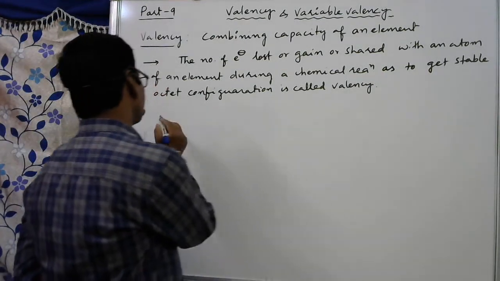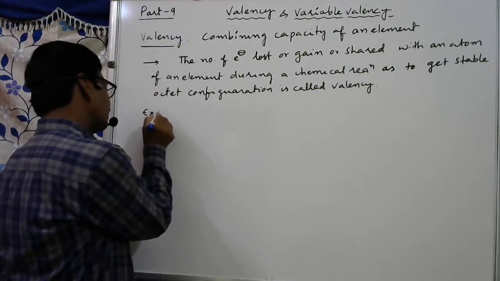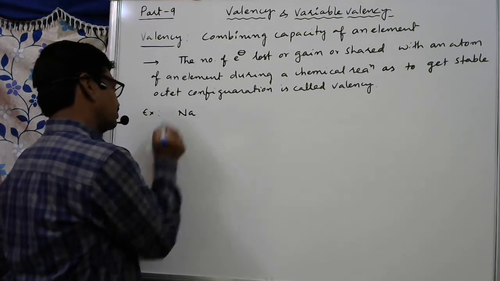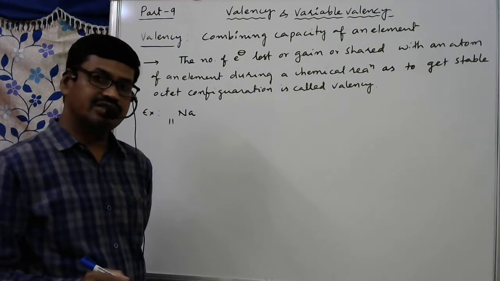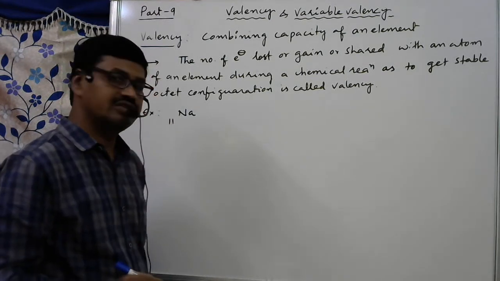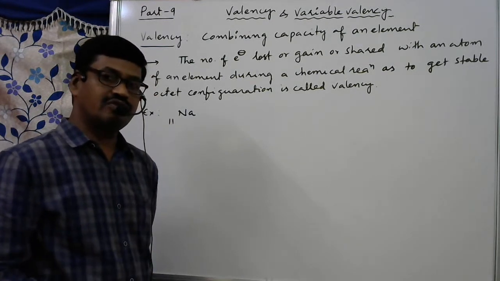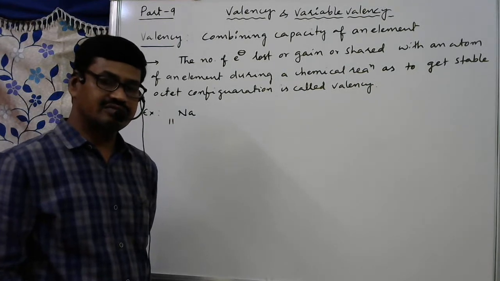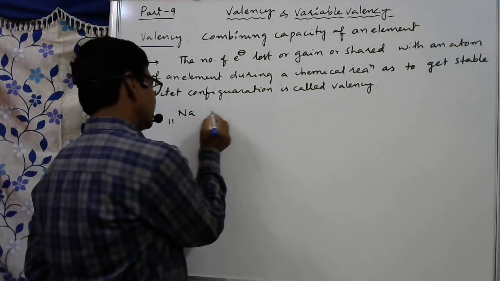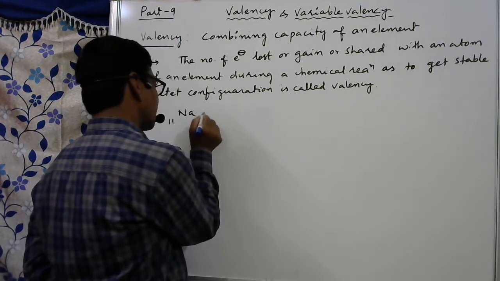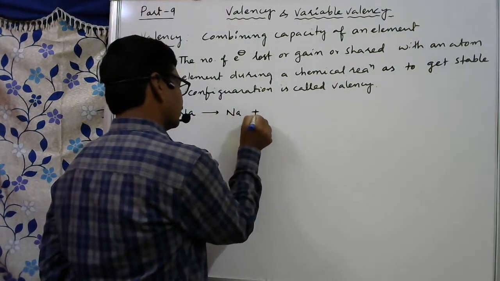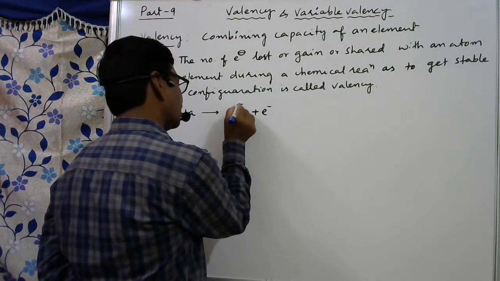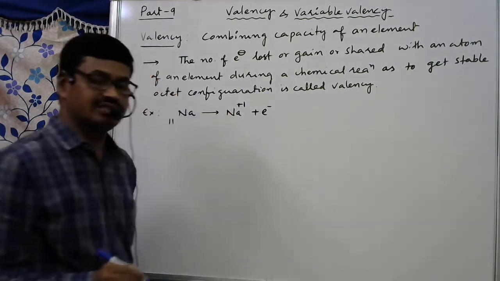Here, the example I am taking is sodium. Its atomic number is 11. To get a stable electron configuration, it must lose one electron during a chemical reaction. Last time we discussed that when sodium loses one electron, it gets a plus one charge.